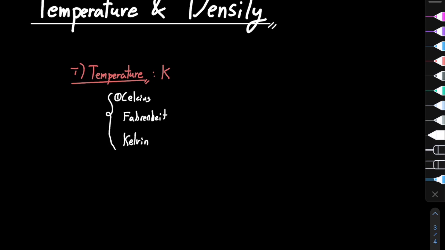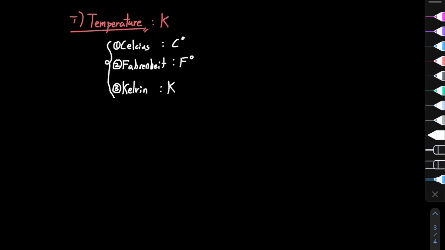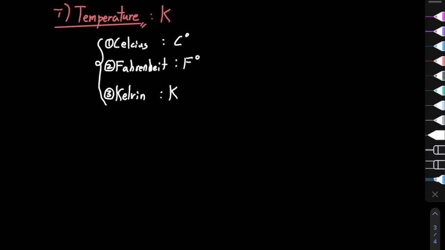And Celsius and Fahrenheit are most common, but in chemistry we mostly use Kelvin because it is kind of a standardized unit of measurement of heat or temperature. And Celsius is obviously denoted with a C, Fahrenheit is denoted with an F, but Kelvin is denoted with a simple K.